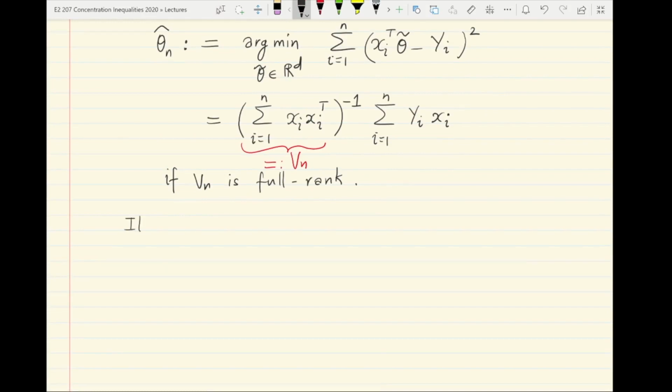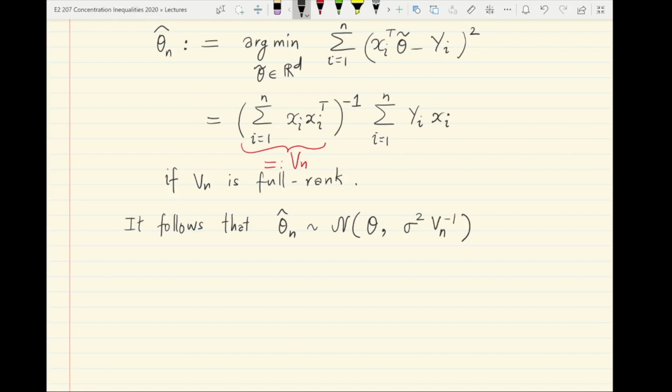More precisely, theta hat n is distributed as a multivariate normal vector with mean the original parameter theta, and covariance matrix sigma square Vn inverse.